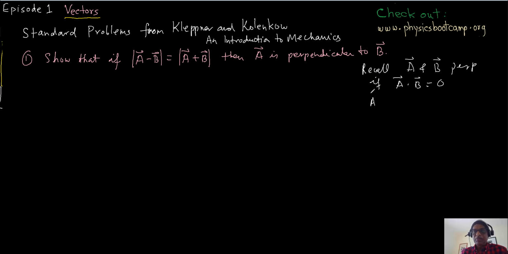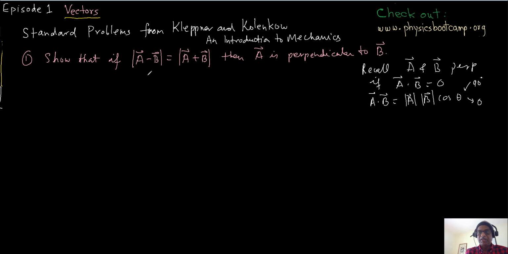Because A dot B is the magnitudes of A and B times cosine theta. So if theta is 90 degrees, then this will be 0, right?